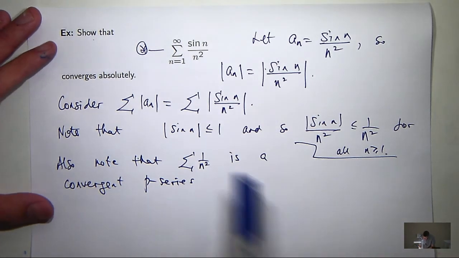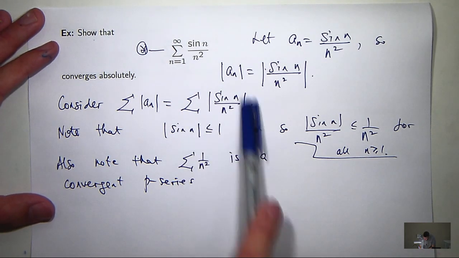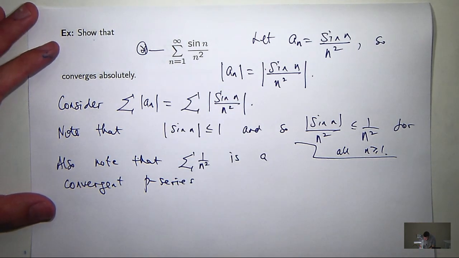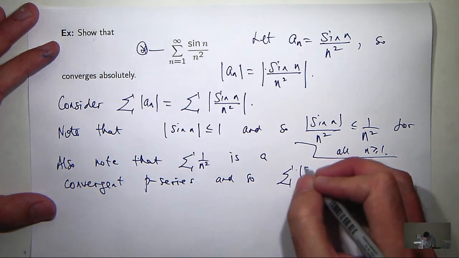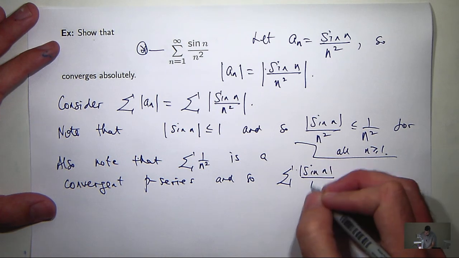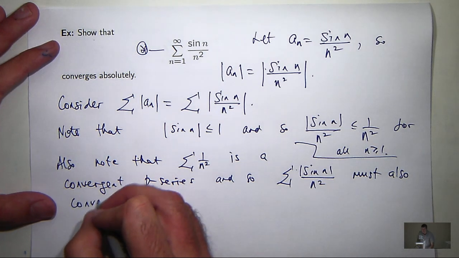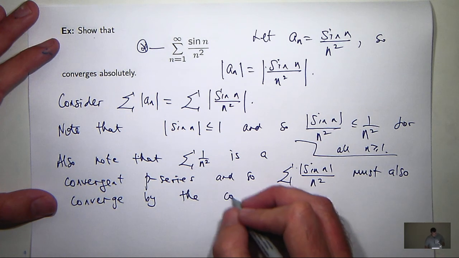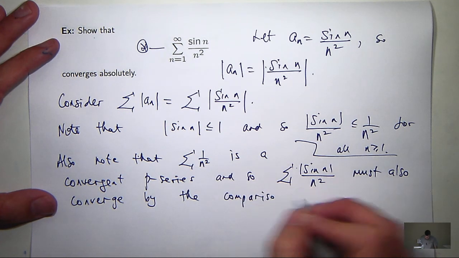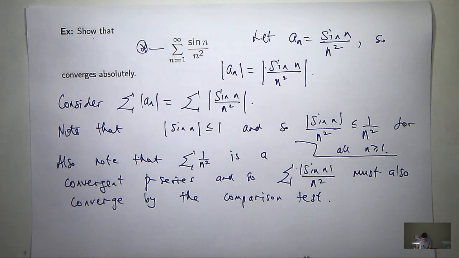It's also got to converge by the comparison test. Not the limit form, just the regular comparison test where you have inequalities. So our sigma with the absolute value signs in it converges by the comparison test.